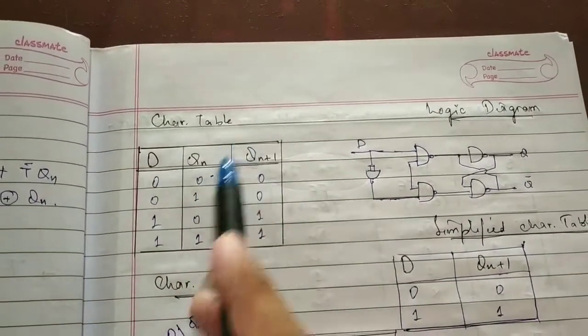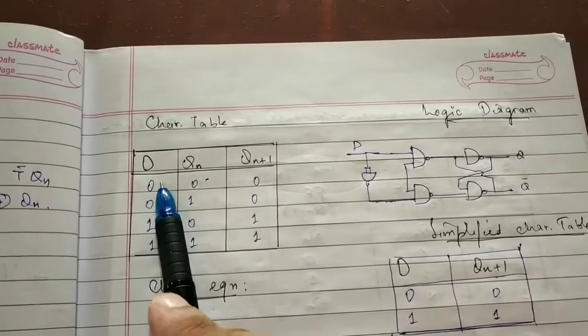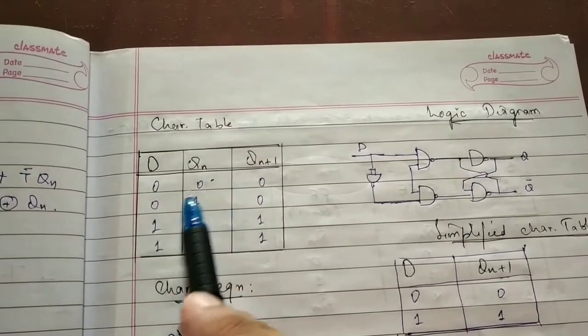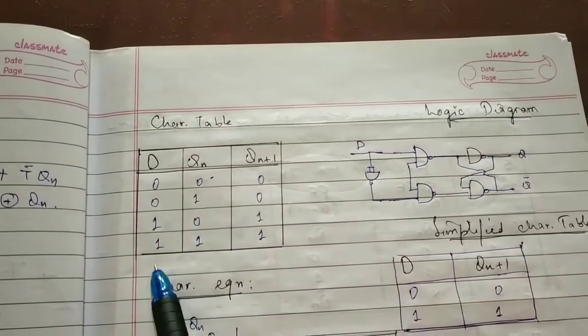Its characteristic table can be obtained by plotting the four combinations 0,0, 0,1, 1,0 and 1,1.